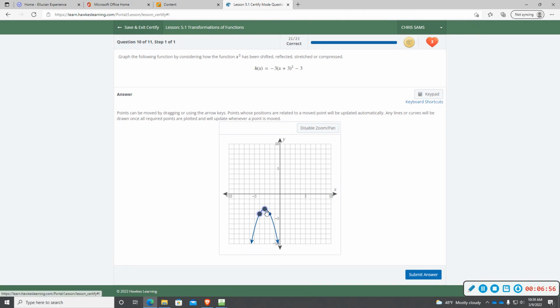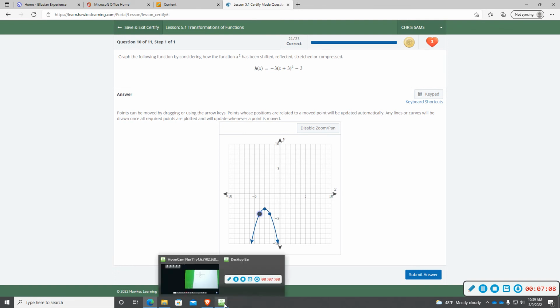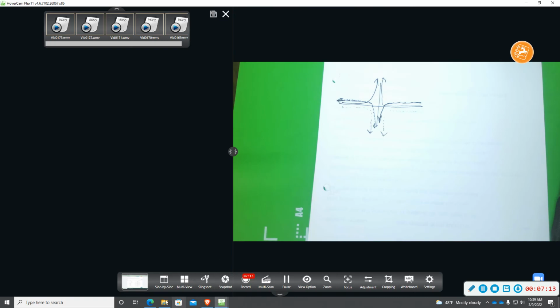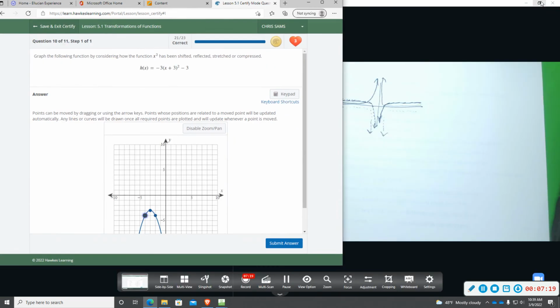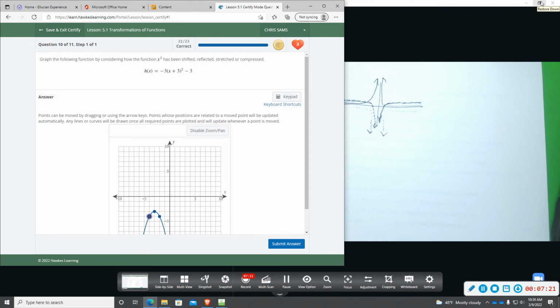So that would be taking this value, which is, so let me try to explain this a little bit differently. And this might be just the way that it wants you to graph.